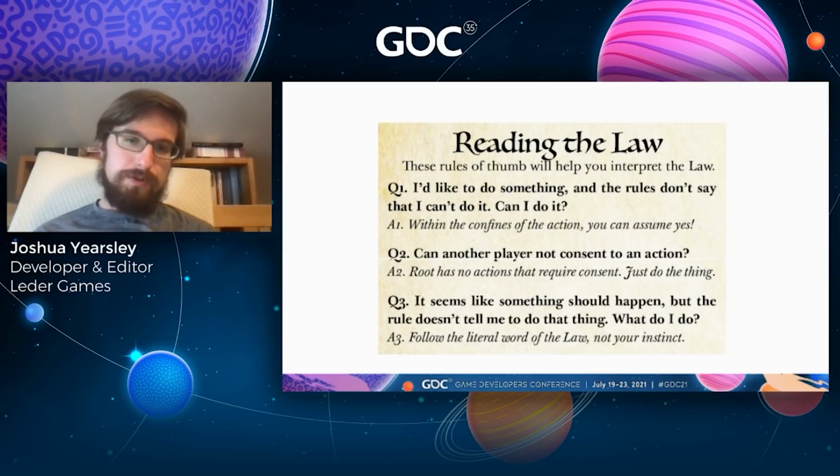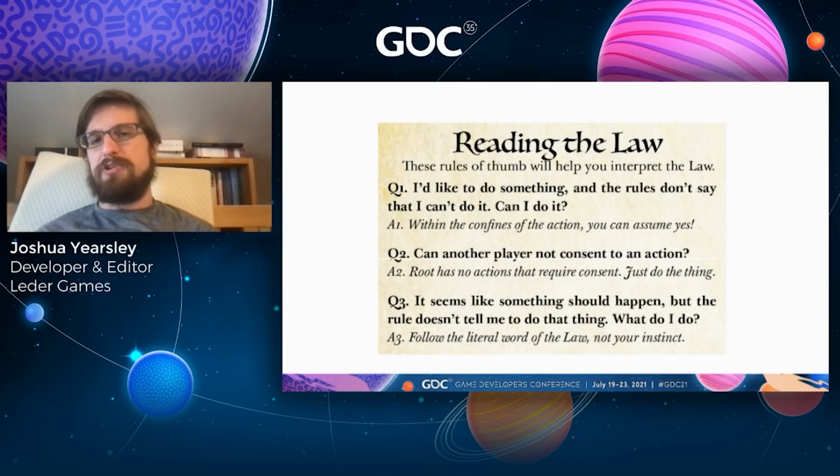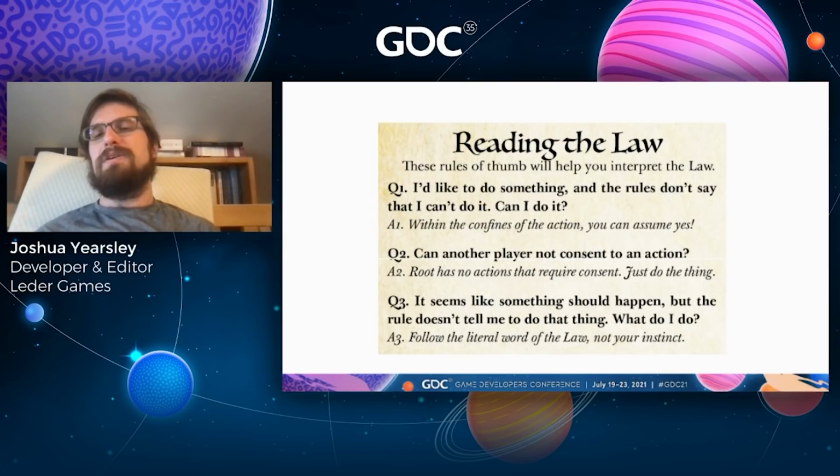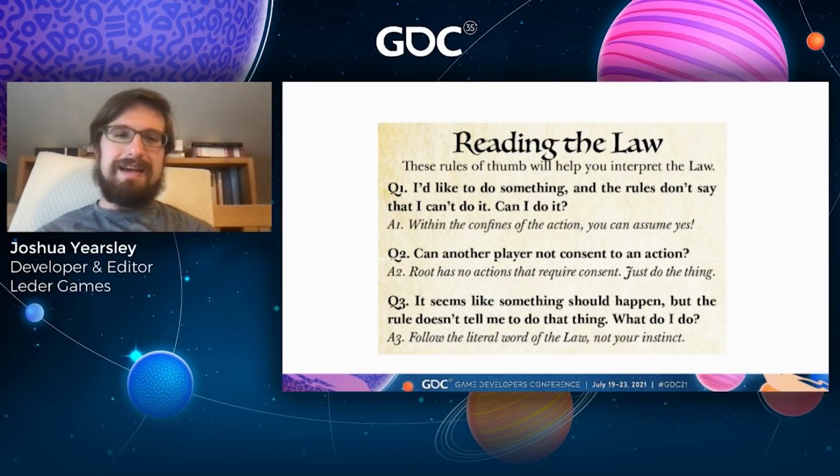And so what we do in later printings is we write it up front. We talk about how to read this document. We don't leave it to chance by just hoping that people understand the traditions of a document like this. And we actually tell people, for example, to follow the literal word.